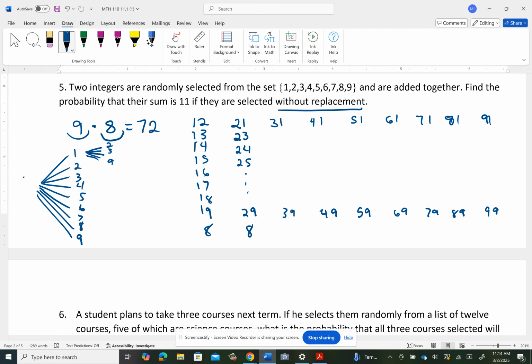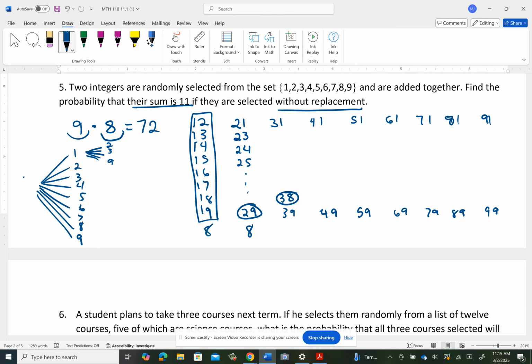So we want the probability their sum is going to be 11. If you look at that first column, this one here, none of those add up to be 11, right? But in the second column, 29 would. In the third column, I'd have one possibility, 38.